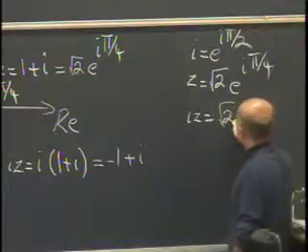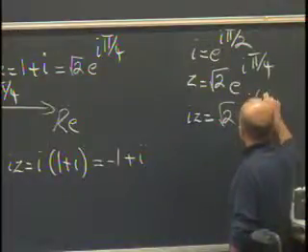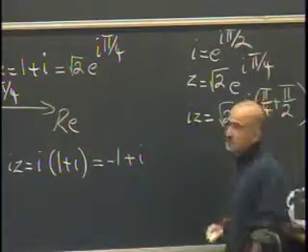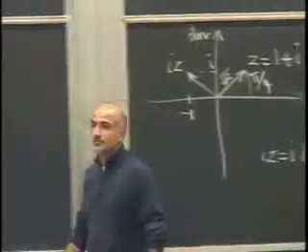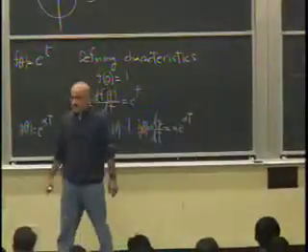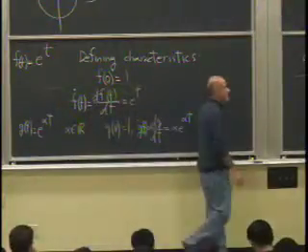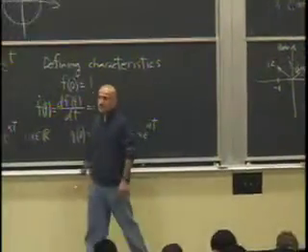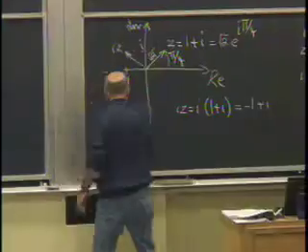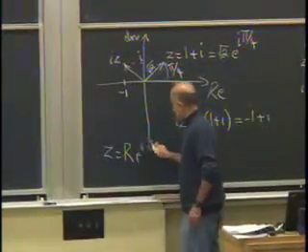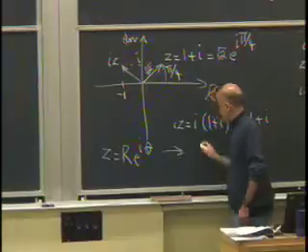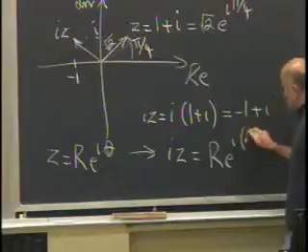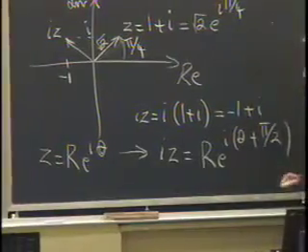Square root of 2, e to the i 3 pi over 4. So notice what happened to the angle. You added a pi over 2 to the angle. Every time you multiply a complex number by i, you simply rotate wherever it's sitting by pi over 2. And this is true for any z. So if z is equal to r e to the i theta, then iz is r e to the i theta plus pi over 2.